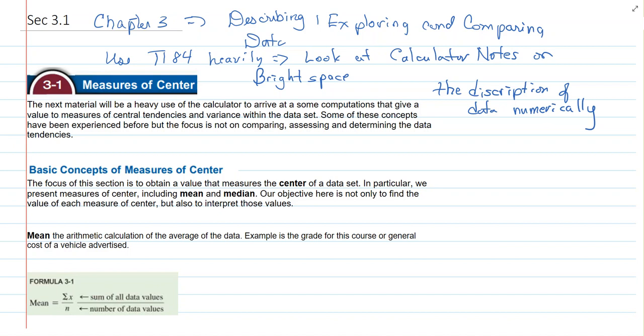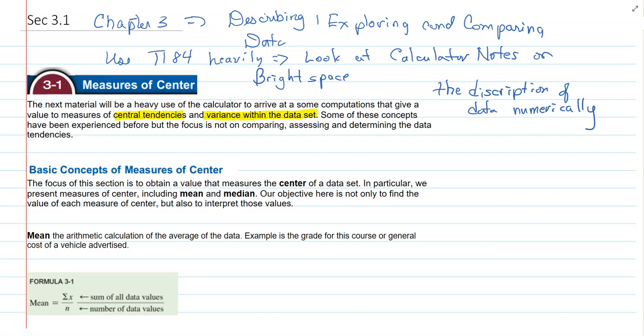The next material will be heavy use of the calculator to arrive at some of the computations that give a value to measures of central tendencies and variances within a data set. Those two items are the general focus.